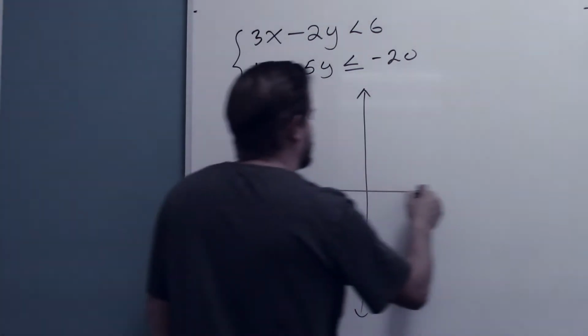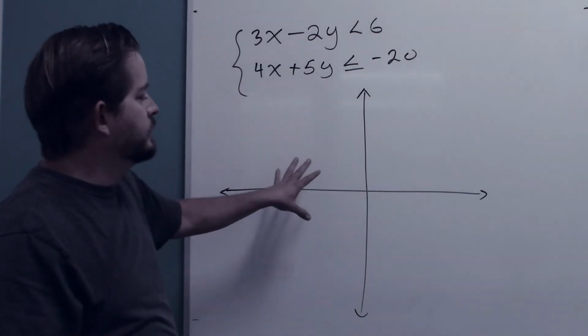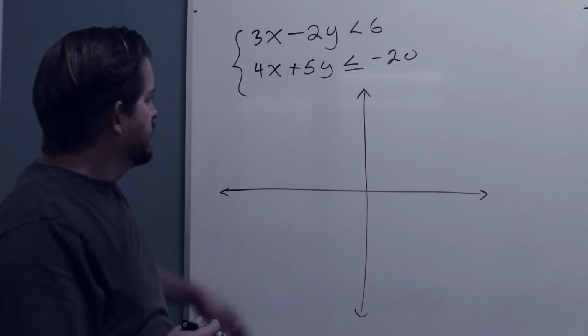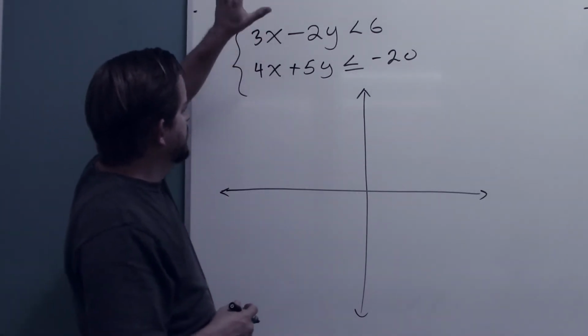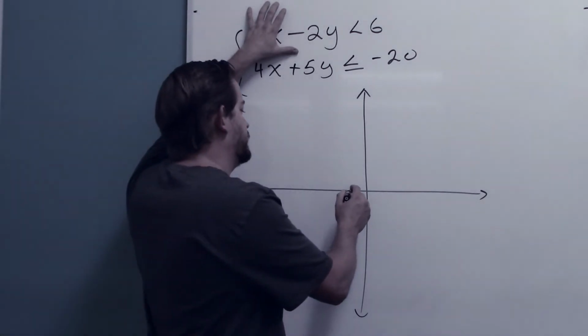And again, with graphing, it's always easier to do it with a pencil and paper. Shading is terrible with the Expo marker on these boards, but let's take a look at the top one. If x is equal to 0, I divide each side by negative 2 to get y is negative 3.